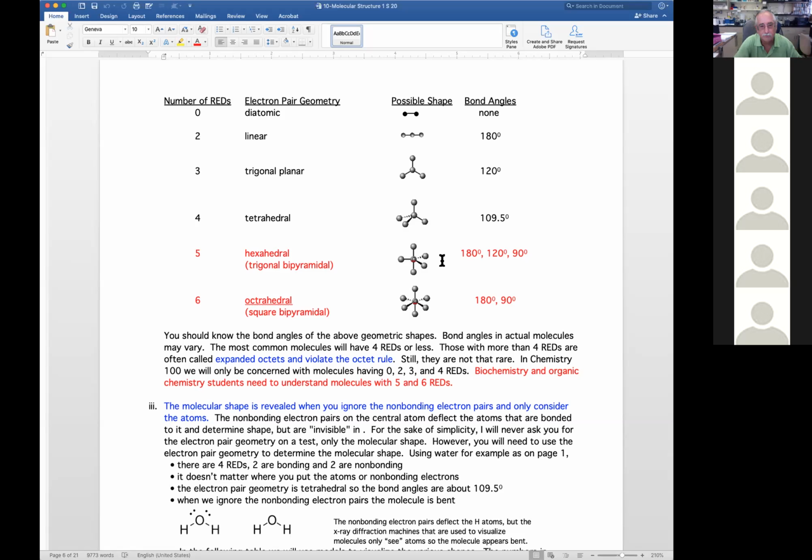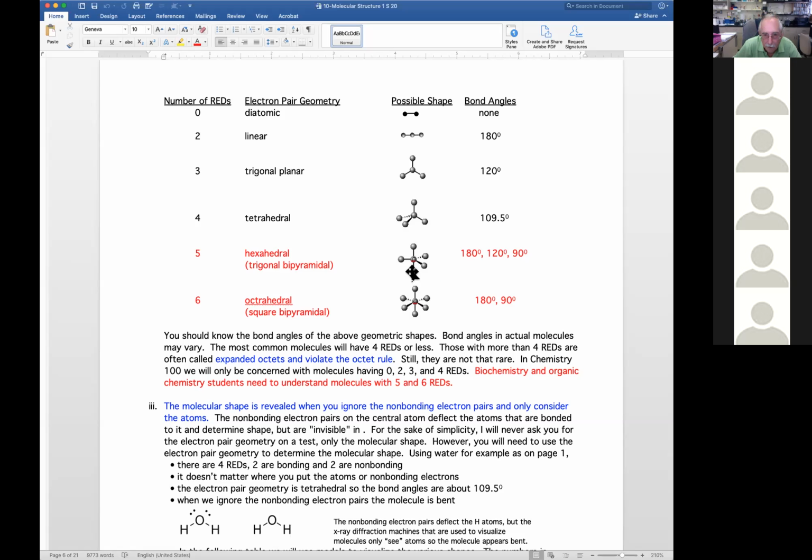When you go to 6 reds, then it's not quite so complicated. You can see that there's 90 degrees here and 180 degrees there, and that's all there is. Okay. So let's go look at some of the names of these 2. These are called expanded octets, and they violate the octet rule.